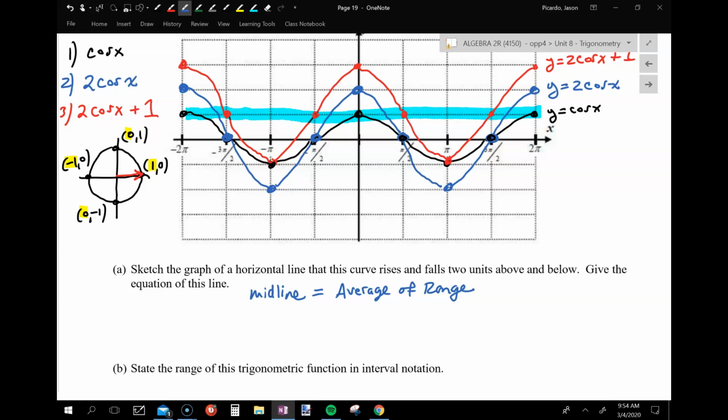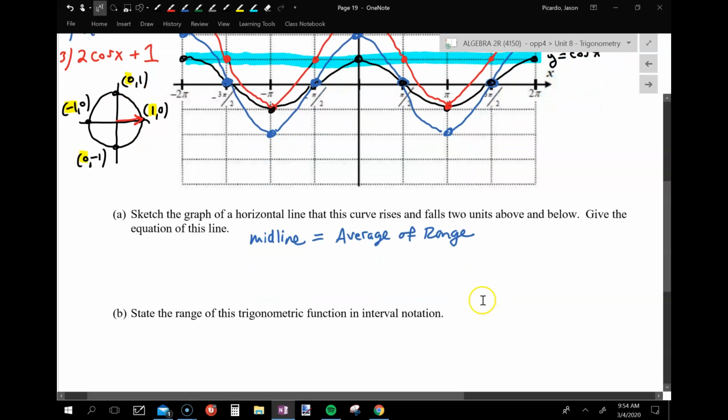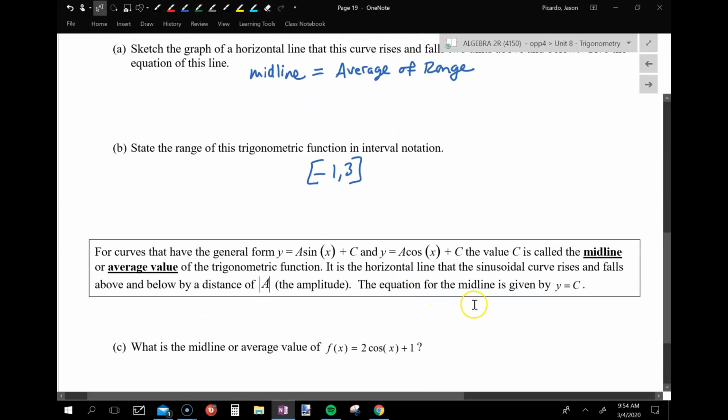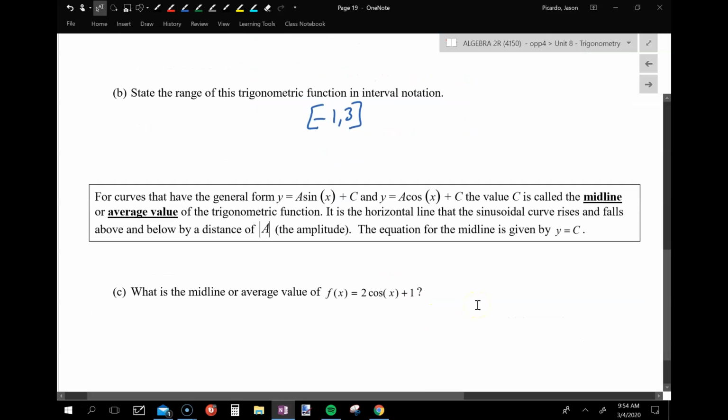So on that red curve, guys, what's the lowest point on the red curve? -1. What's the highest point on the red curve? 3. So -1 to 3, right? If I asked you guys to find the midline, I said that the easiest way to find the midline is to find the average of the range, -1 to 3, right?